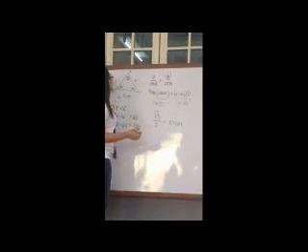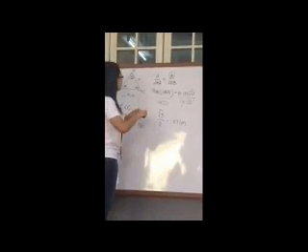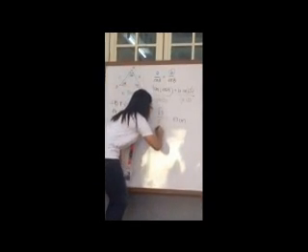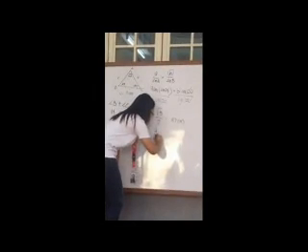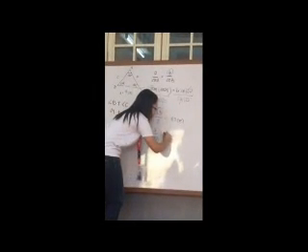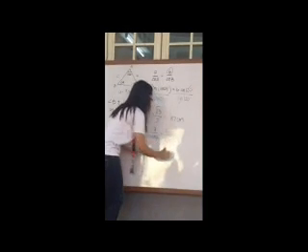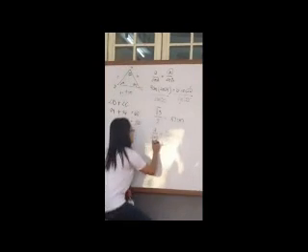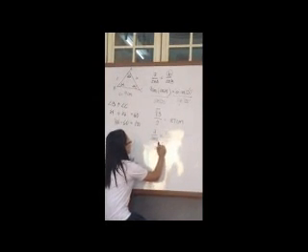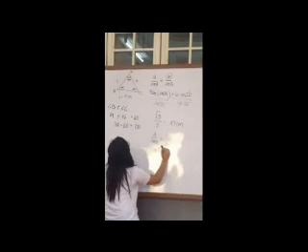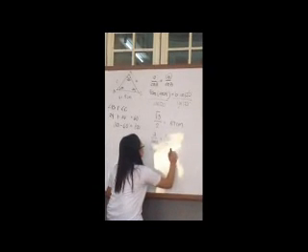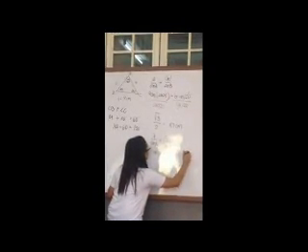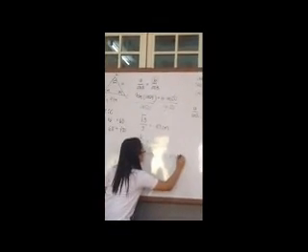And then to find the value of c, we have a over sine A is equivalent to c over sine C. Substitute the given value a, which is 9 centimeters times sine 36, is equal to c times sine 120 degrees.